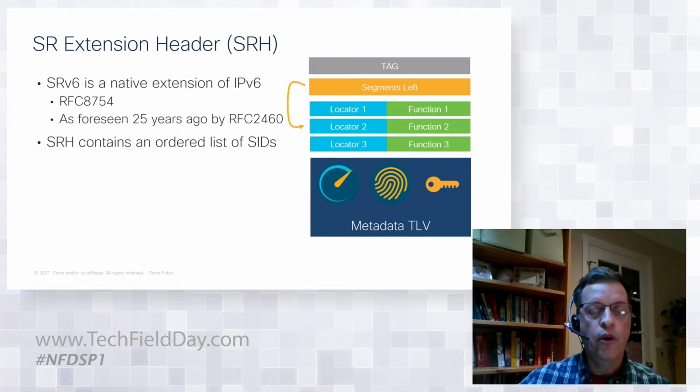Inside of the SRH, we're going to contain an ordered list of segments. And we're going to have a pointer as well that is going to tell us where we are in the network program. Are we executing the first instruction? Are we on the second instruction? Are we done with all the instructions? Those are concepts within the SRH.